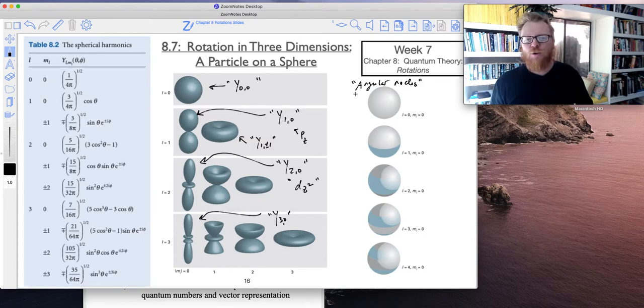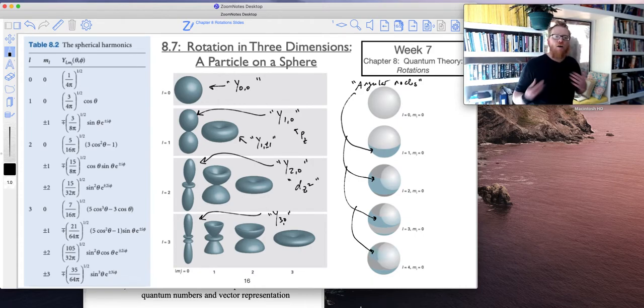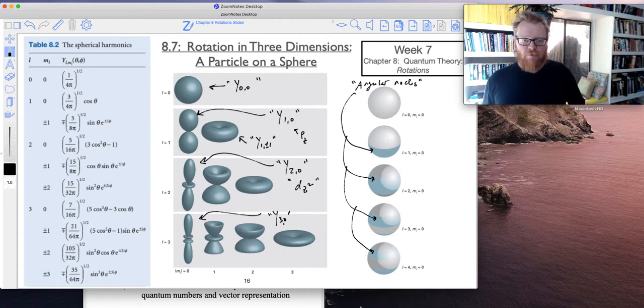So these angular nodes are represented by shaded regions given right here. So the L00 doesn't have any angular nodes. The L10 has angular nodes, and to be determined how many there are. But I just wanted to start pointing out that we can start to get a sense of what's happening, foreshadowing, talking about our atomic orbitals to come, okay?